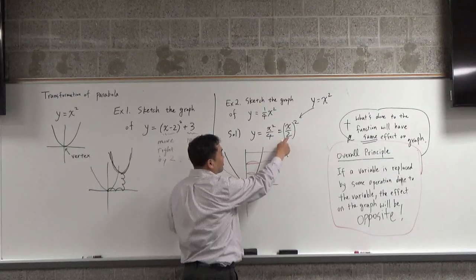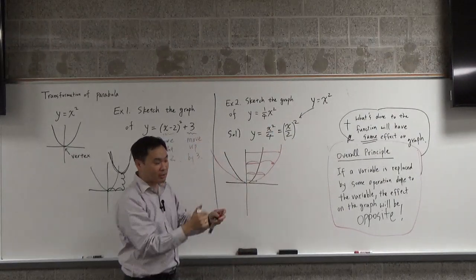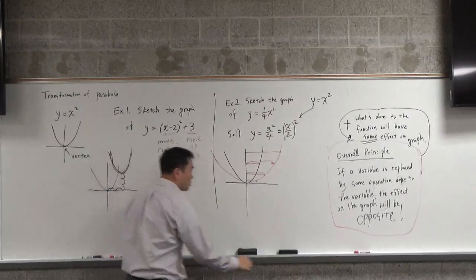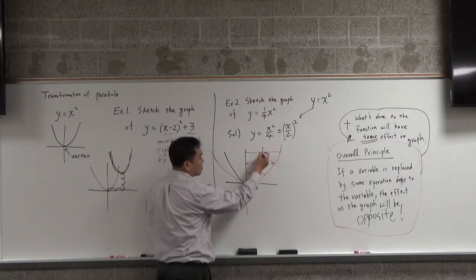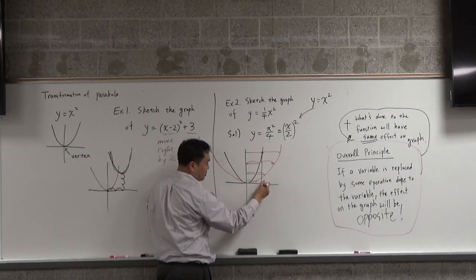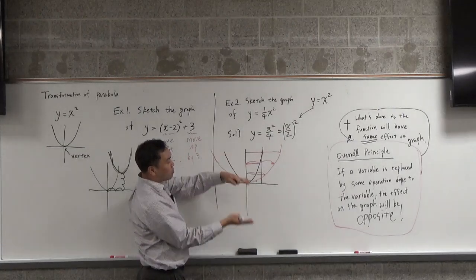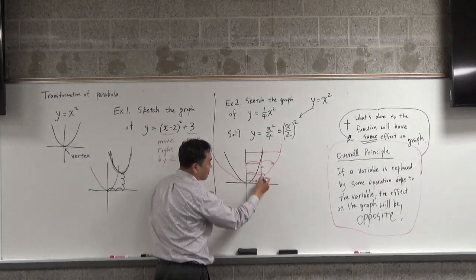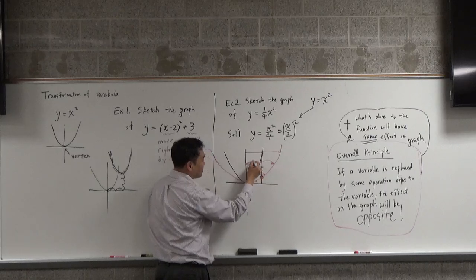But that will be like viewing it like this. You can also view it this way, which I said was to compress, right? So if you want to think of it that way, then think of it this way. Every point's distance from the x-axis has been made a quarter, 1/4. So this will be the half, and it will be half of half. Doesn't look like a quarter, but it's supposed to be.